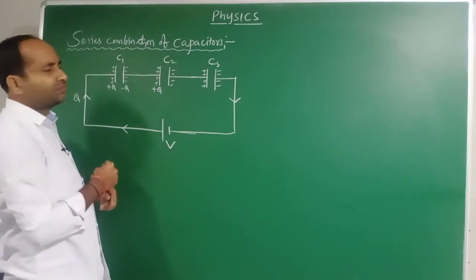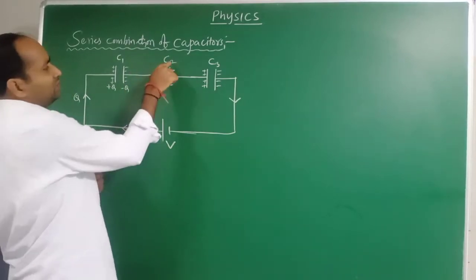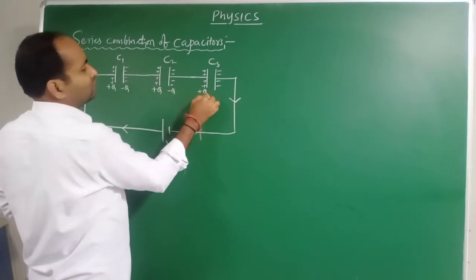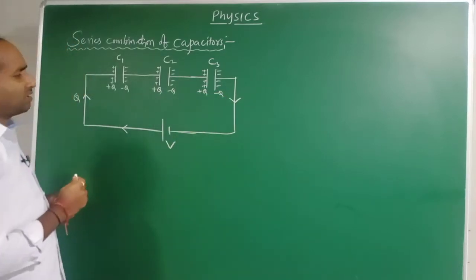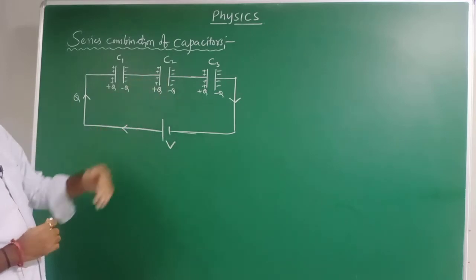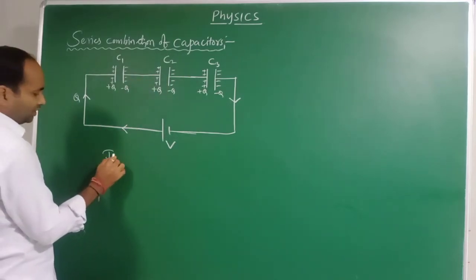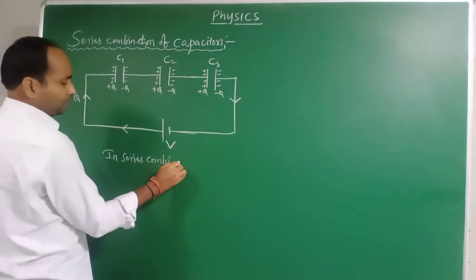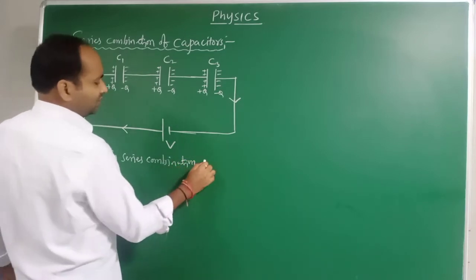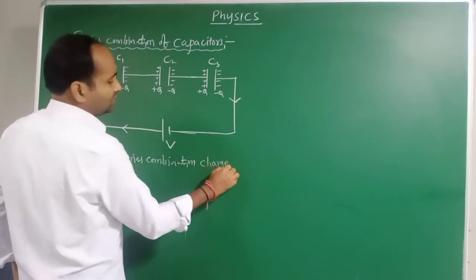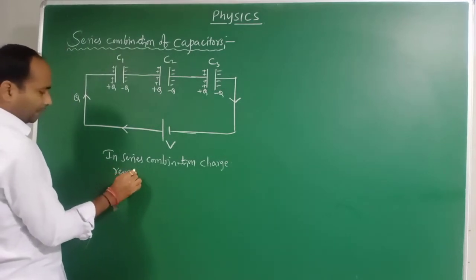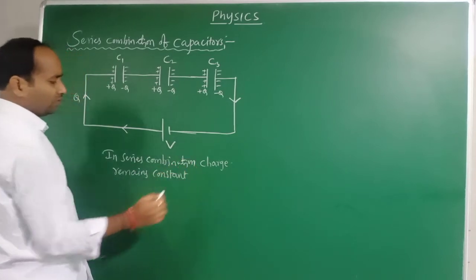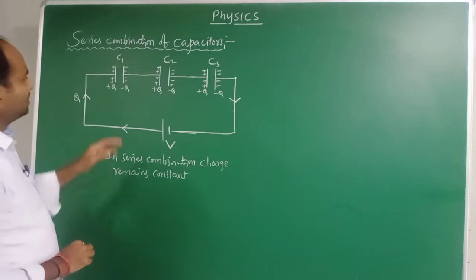The capacitor C2 again has charge plus Q and minus Q. The third one has plus Q, again minus Q. So in series combination, the charge remains constant.